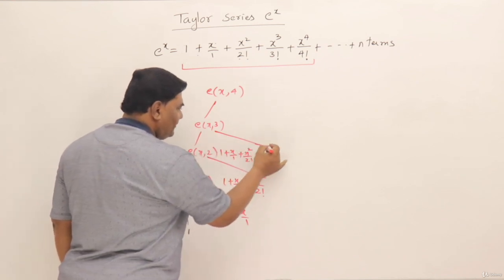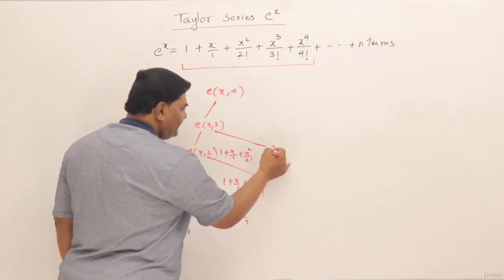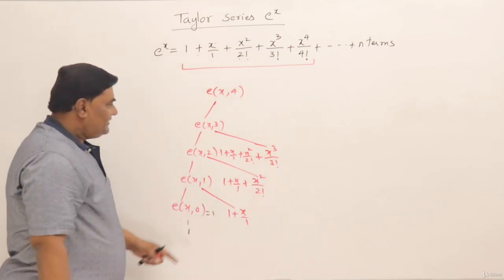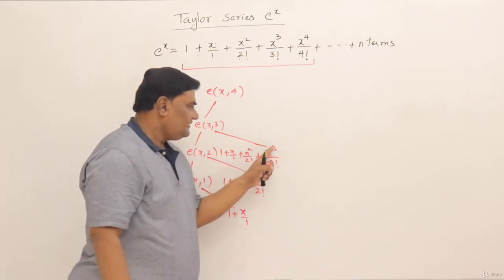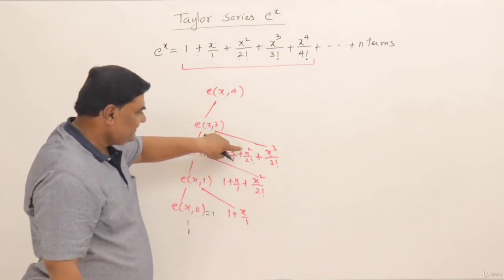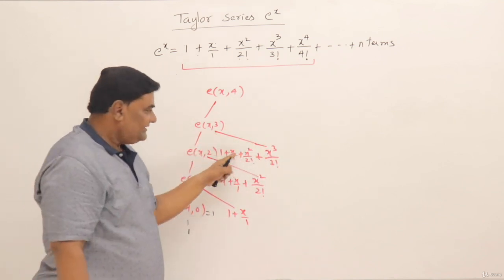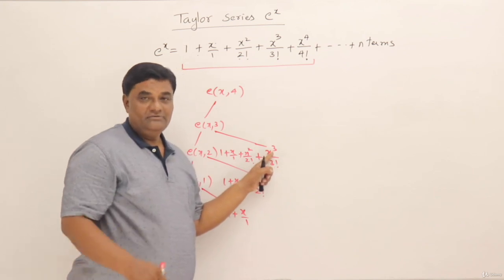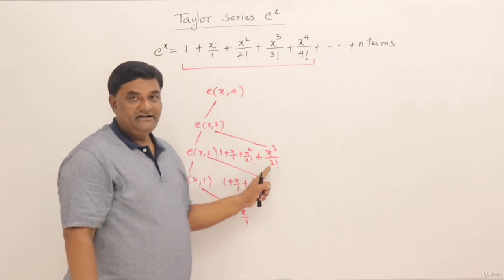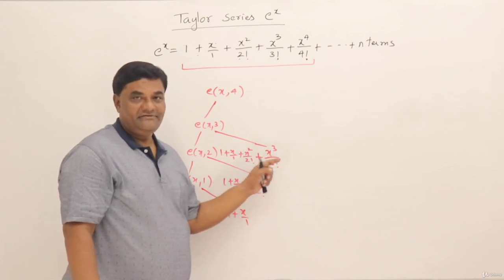Now for this function call, it should be x cube by 3 factorial plus 1. So in this function call, it should become x cube. For making it x cube, I need this x square, so I can multiply it by x and obtain x cube, and then I need 2 factorial, so I multiply it by 3, so it becomes 3 factorial.